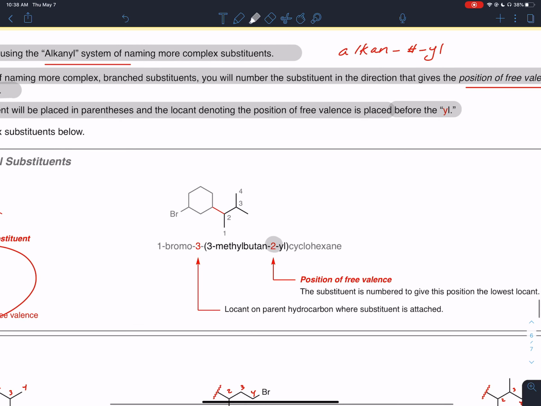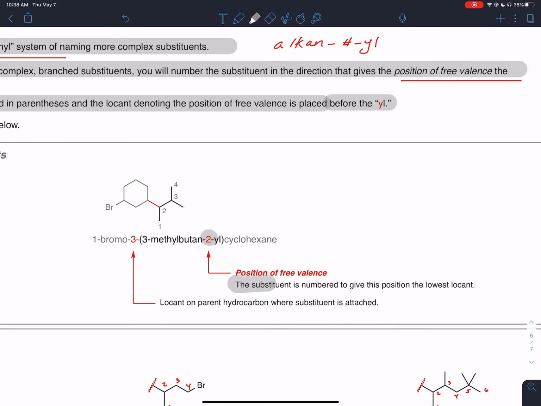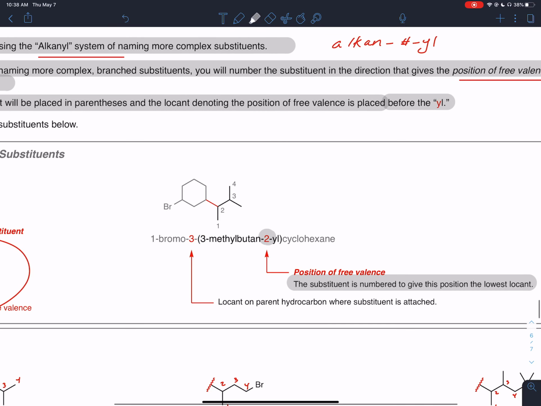That is the position of free valence, where our complex substituent is connecting to the parent hydrocarbon, and we number that complex substituent to give that lowest locant to the position of free valence. Okay, and then of course we have a chain, and it's complex, it's branched. So we're actually having to denote any substituents off of our substituent, which is a funky way of thinking about it, but that's a good way of thinking about it.